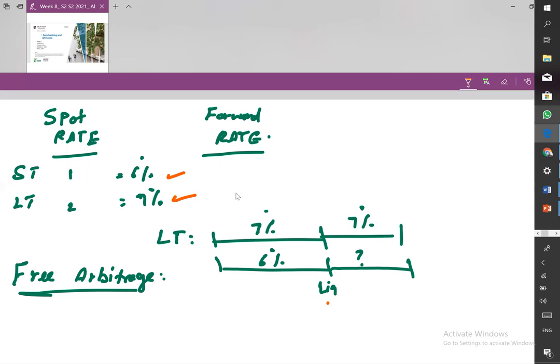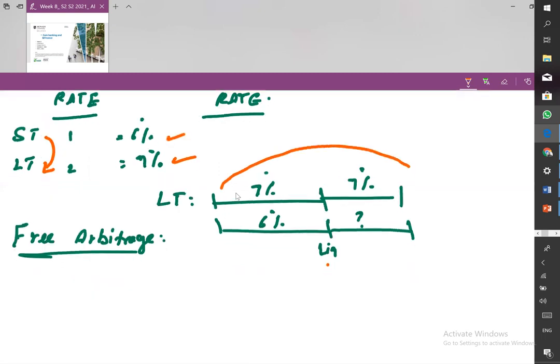This is what we mean by arbitrage. Nobody can make a profit between shifting between those two. So if somebody says, okay, I will invest for 1 year and liquidate and get the 2nd year, I may get more return and defeat the returns of 2 years. They cannot do that. The assumption is here.